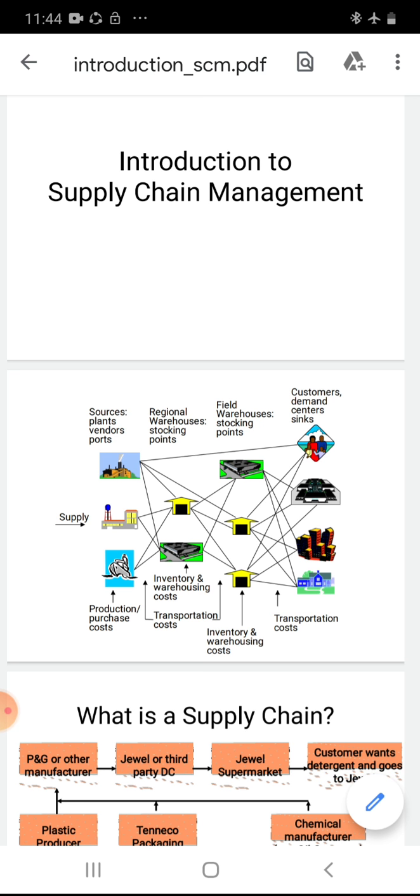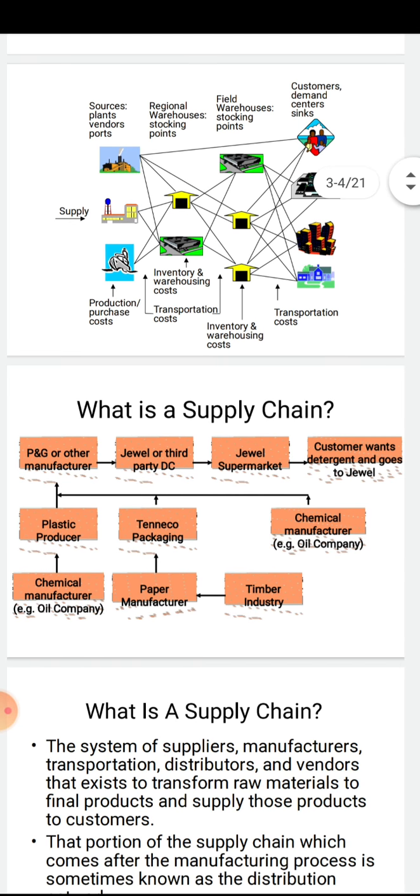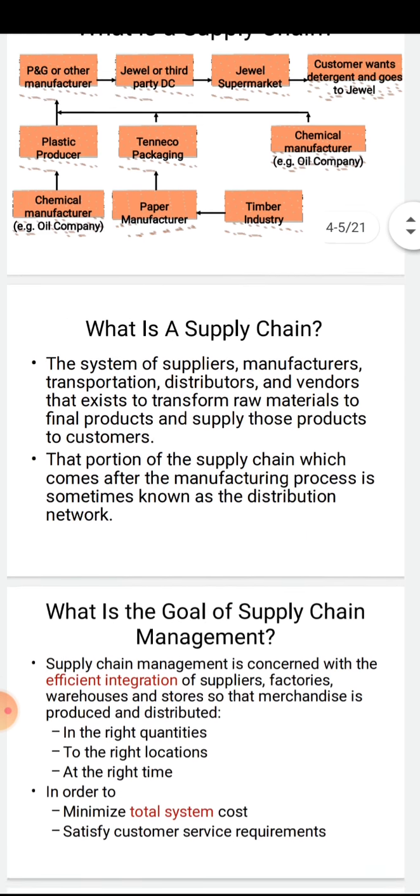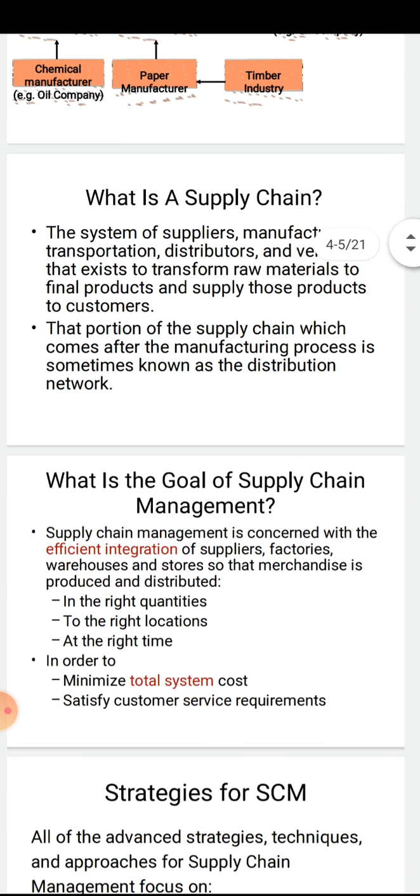What is the goal or objective of SCM, right? SCM is concerned with the efficient integration of suppliers. As I told you, it deals with raw material purchasing from the suppliers.